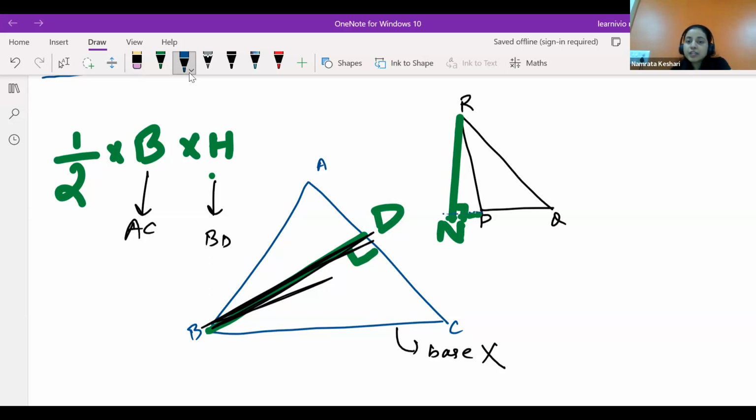Now 1 by 2 into base into height will still be the formula for area. Here the height is RN and the base is just PQ, not the extended one. The extended one is just giving us a direction that in this space there is a height. Clear?